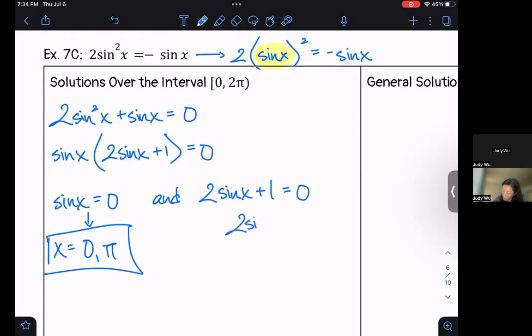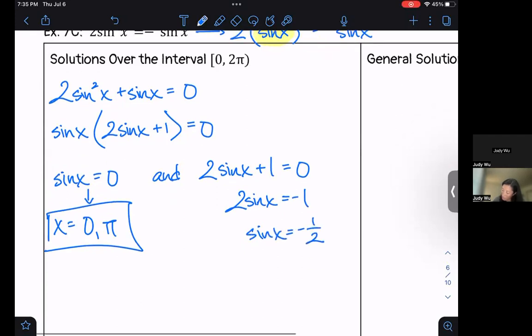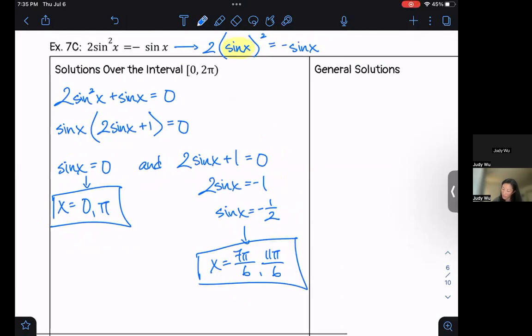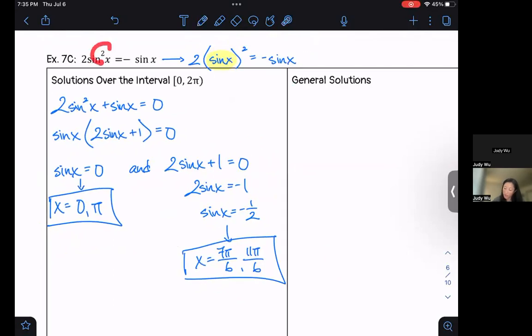So I get 2 sine x equals -1, or sine x equals -1/2. And when I solve this, I get x equals 7 pi over 6 and 11 pi over 6.